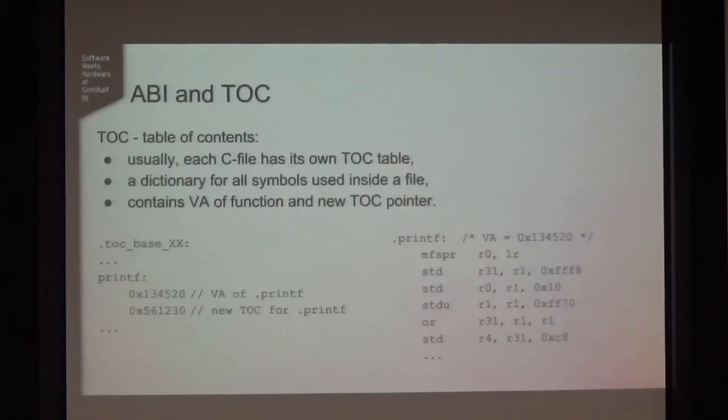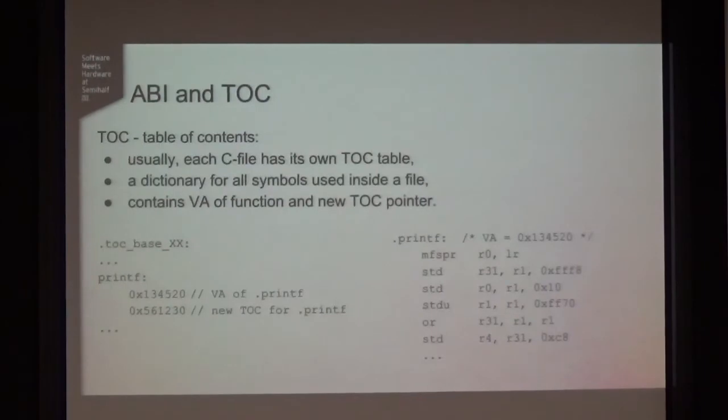This is not the case on PowerPC 64. On PowerPC, the print symbol is just an entry in the TOC dictionary. And the place where the print function is located, actually where the code resides, is a place in the memory called .print.